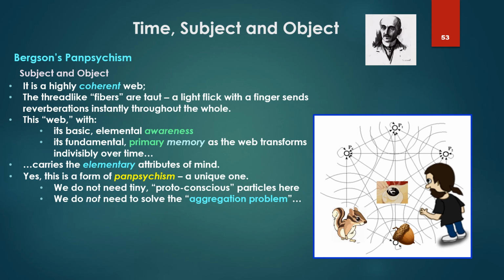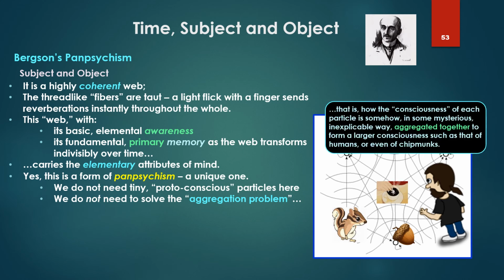Yes, this is a form of panpsychism, a unique one. We do not need tiny proto-conscious particles here. We do not need to solve the aggregation problem, where that is how the consciousness of each particle is somehow, in some mysterious, inexplicable way, aggregated together to form a larger consciousness, such as that of humans, and thus the perception of the coffee cup, or even of chipmunks, with the perception of the acorn.